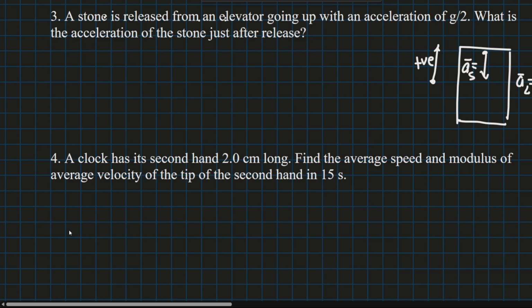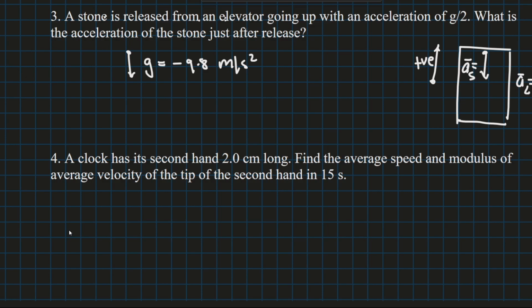Now we know that the stone is released inside a lift. So the gravitational acceleration will be acting, that is minus 9.8 meters per second square. And if we take it from the point of view of a lift, acceleration of the lift is in the opposite direction, that is g by 2.